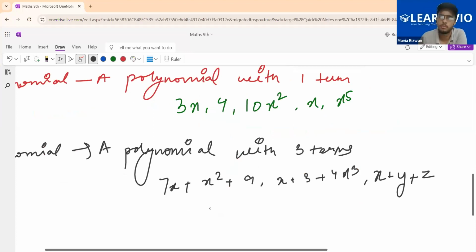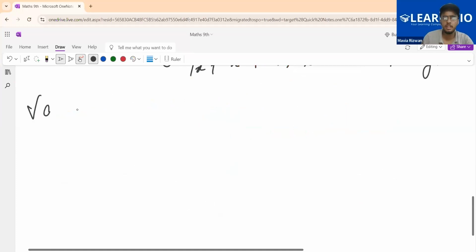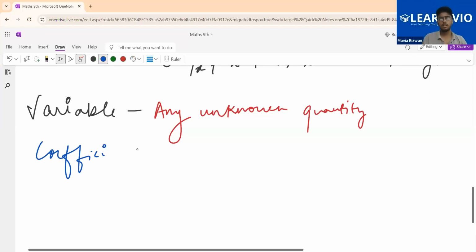Before moving on, first let me tell you what a variable is. See, a variable is any unknown quantity, and a coefficient is the quantity, or we can say the number, attached to the variable.